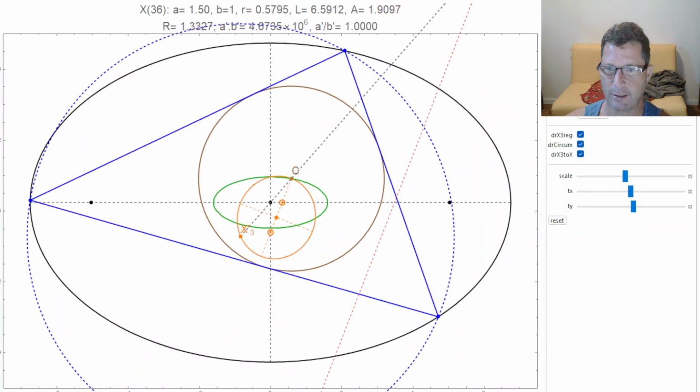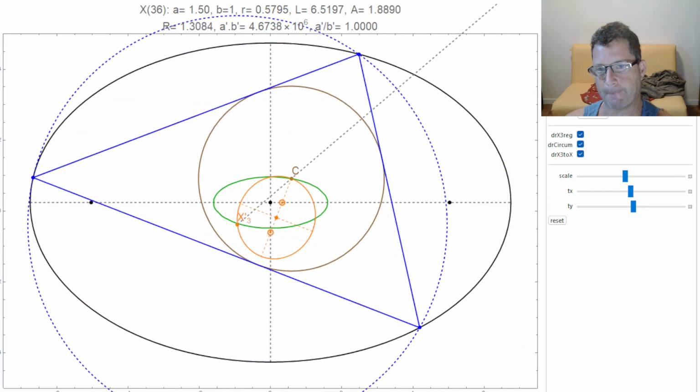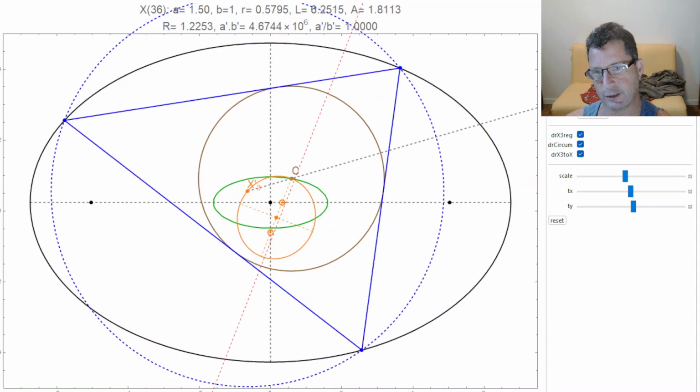which has the property that if C is on it, right, if the center of the caustic is on it, like so, the locus of X3 is going to pass through it. In fact, one of the vertices of the locus of X3 is going to be C. And the reason that it's a vertex of the locus is because the major axis is pointed at C in general, right?